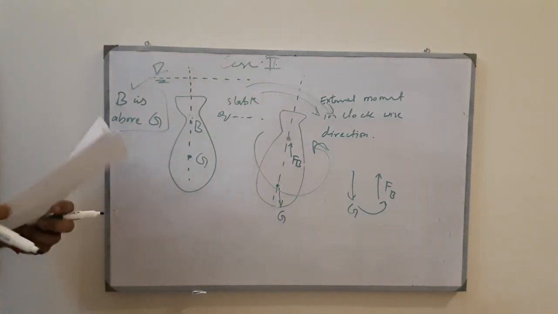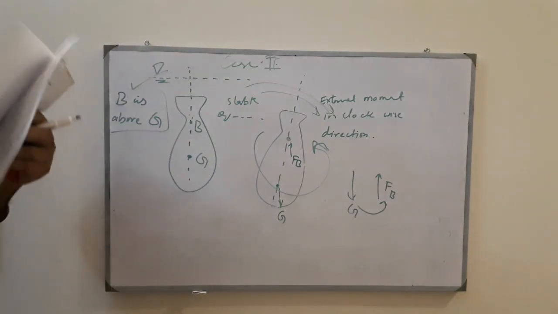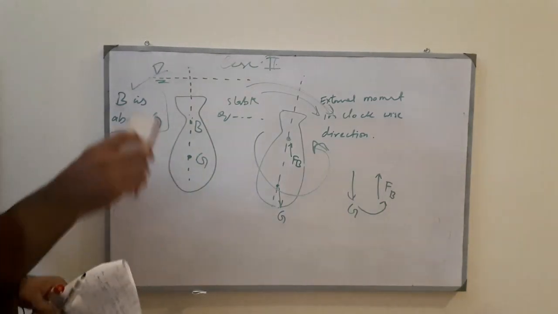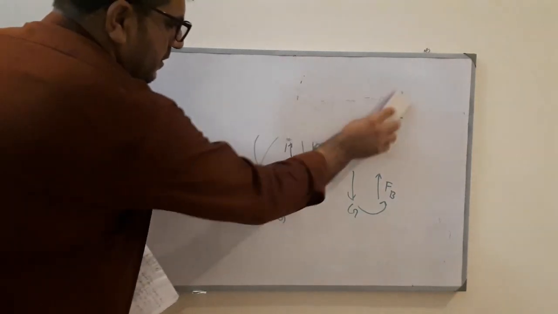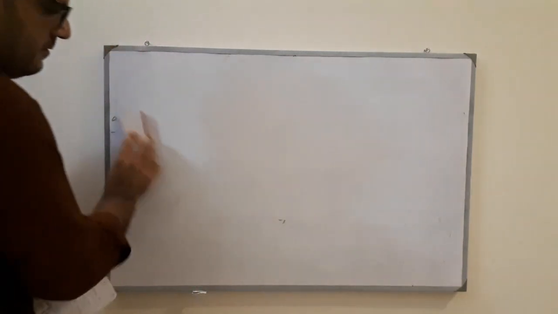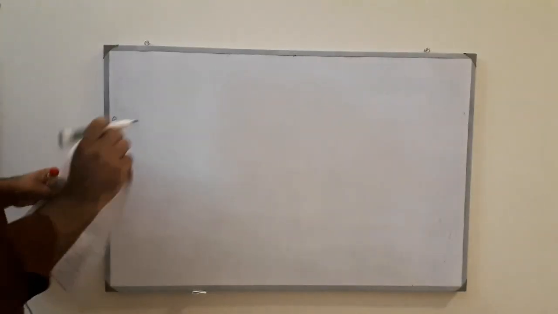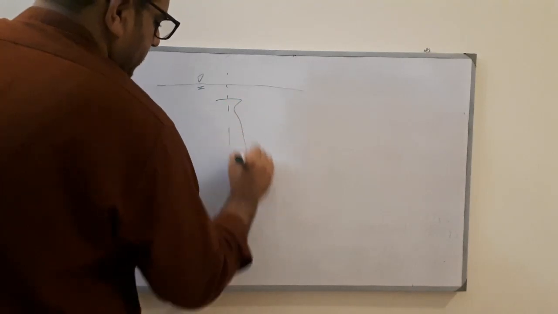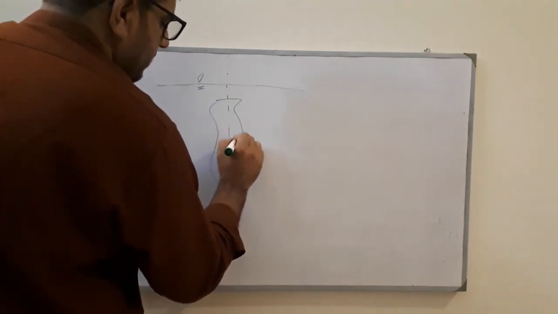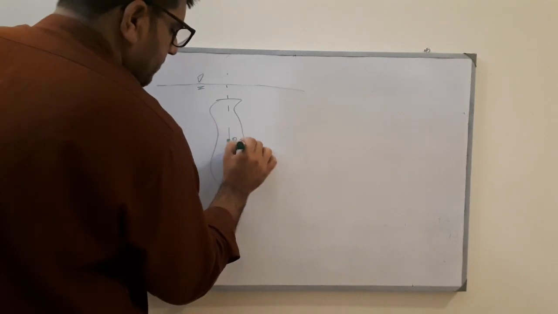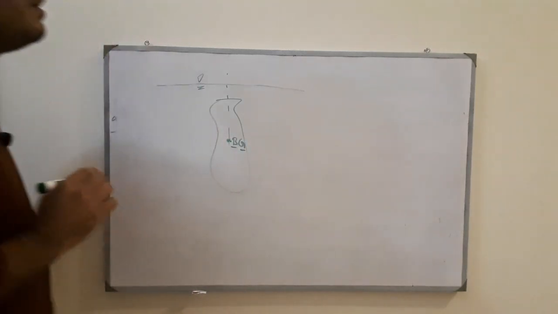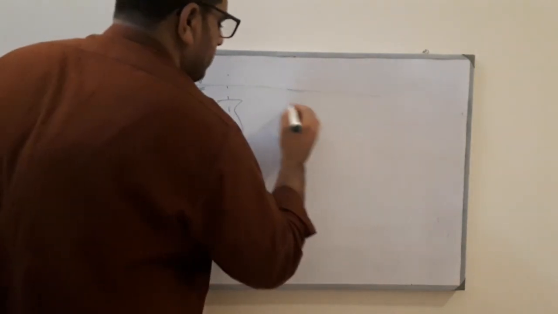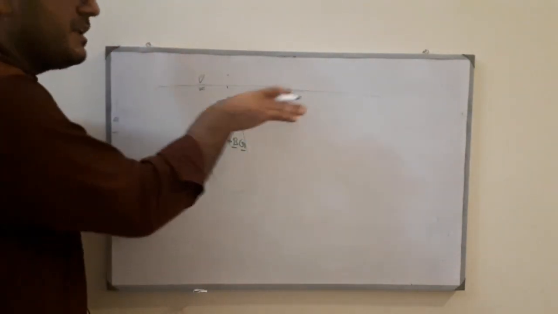Now in case number 3, when B and G are both at the same position, let's say a body is submerged here, and here is my B, and at the same point is my G. What will happen if I try to apply an external force?